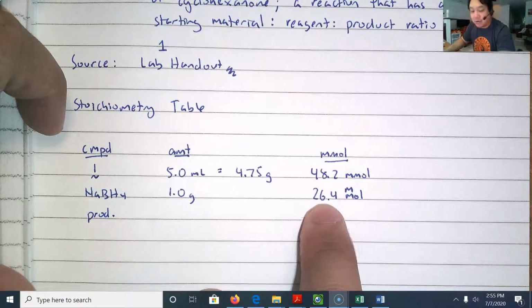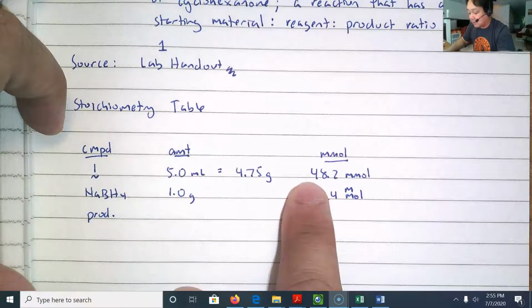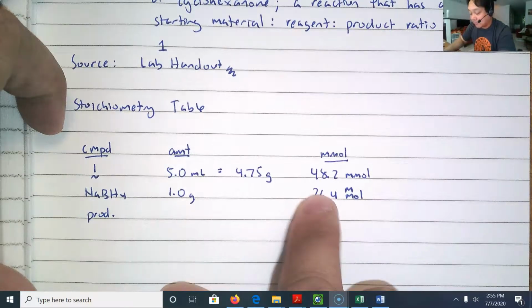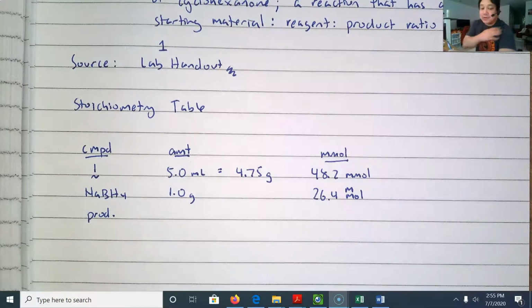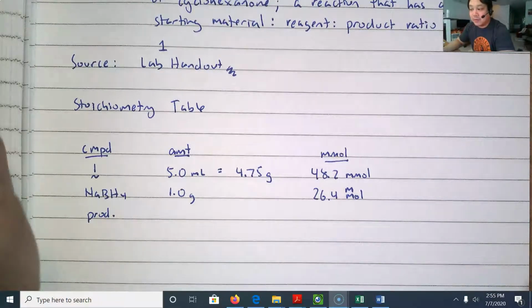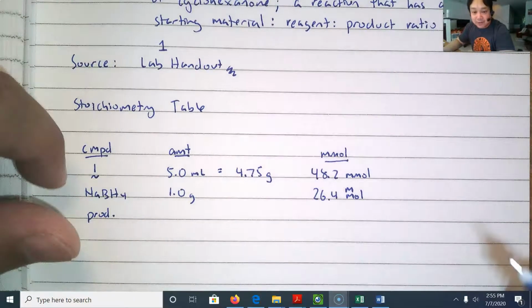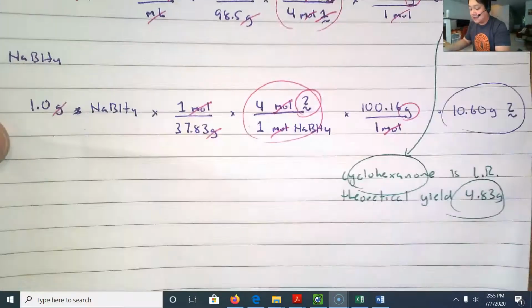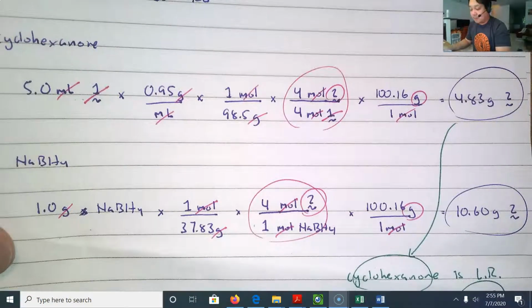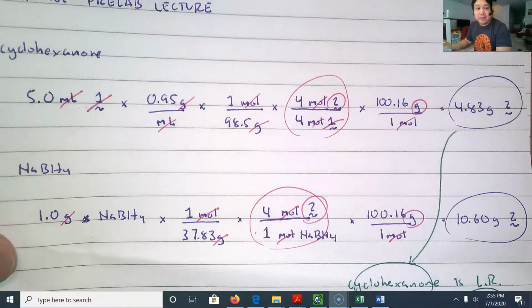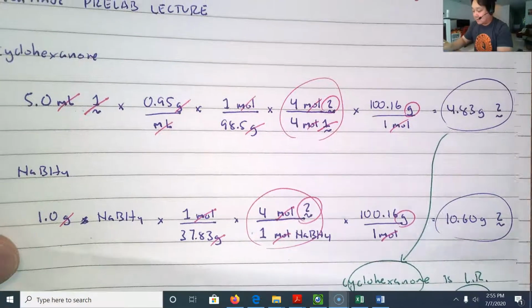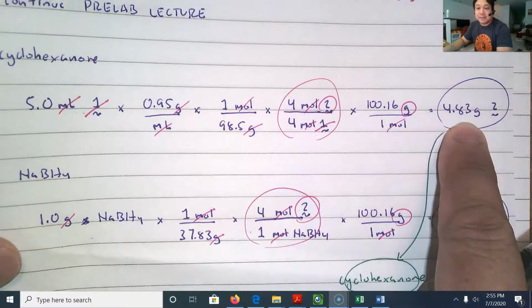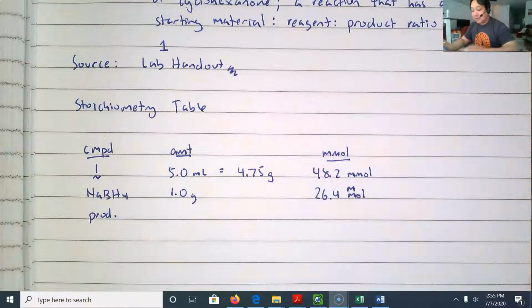This amount of sodium borohydride can take care of over 100 millimoles because I'm multiplying this by 4. I'm not showing you those calculations because we did those in the previous video. I am looking at my calculations from that previous video, where we figured out the limiting reactant. Remember how this was the limiting reactant? Okay. Let's not worry about that just yet.